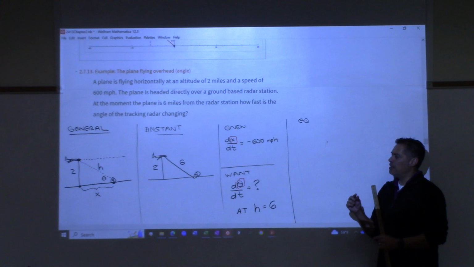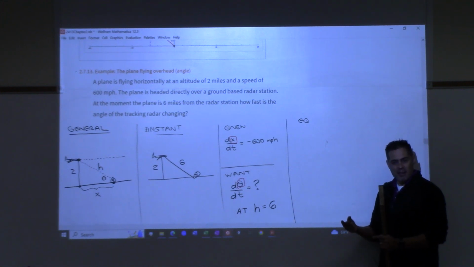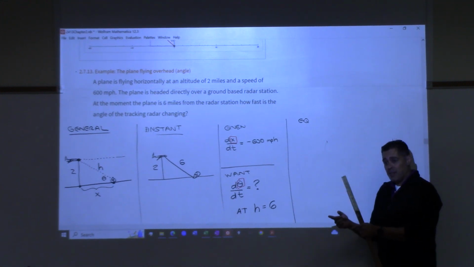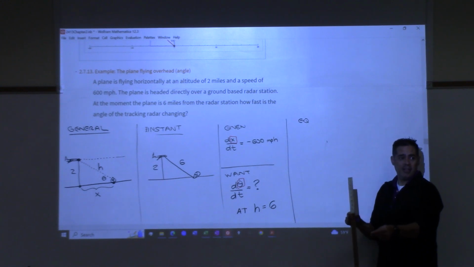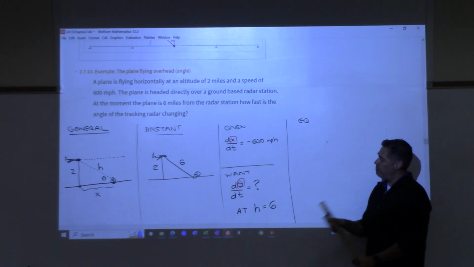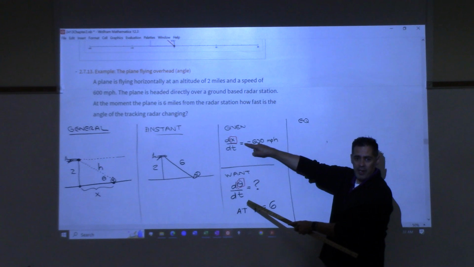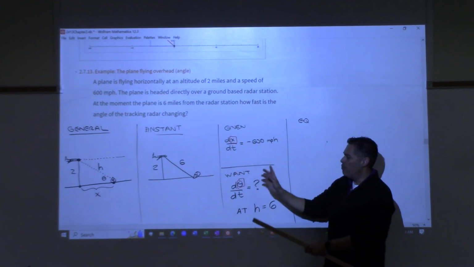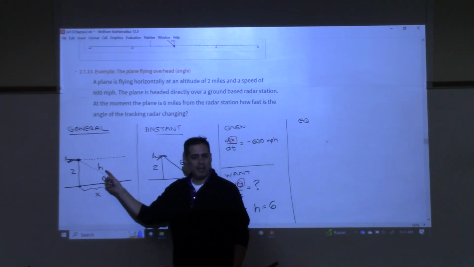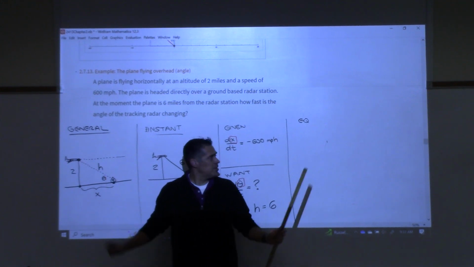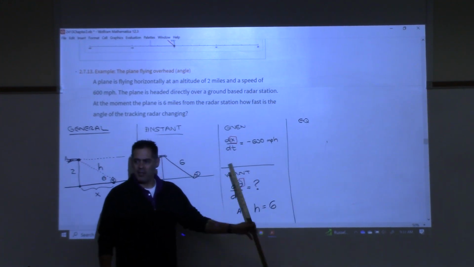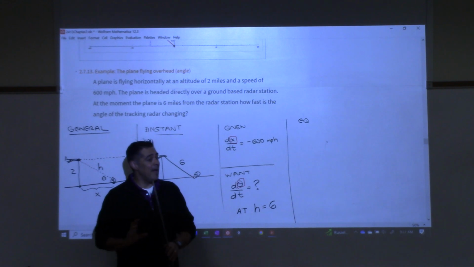You have to find an equation with x and theta, because when you differentiate it with respect to time, you need to get a dx/dt and a d theta/dt. You need both of these things to show up when you differentiate, right? We don't want dh/dt showing up, do we? No, because I don't know anything about dh/dt at all. So I'd like to keep h out of my equation if possible.